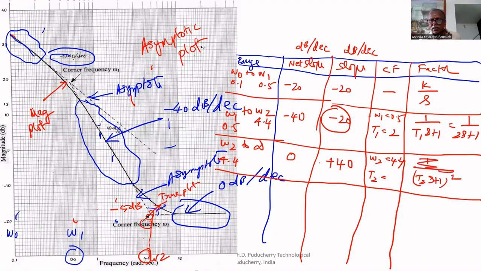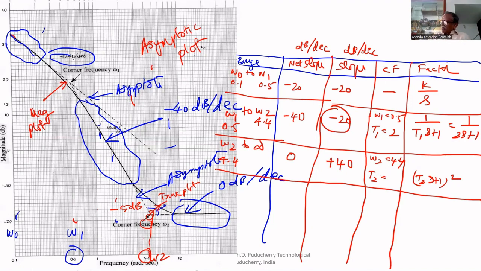In the numerator, because plus 40, it is in the numerator. (T2 s plus 1) whole square. T2 square equal to 1 by 4.4. Therefore, T2 equal to square root of 1 by 4.4.